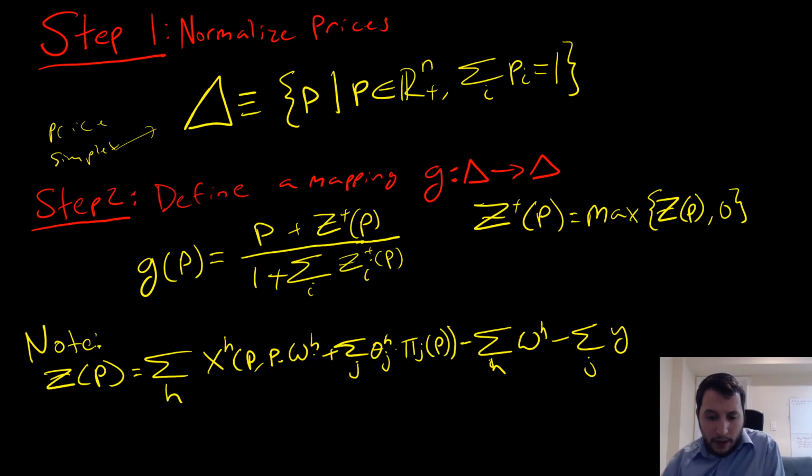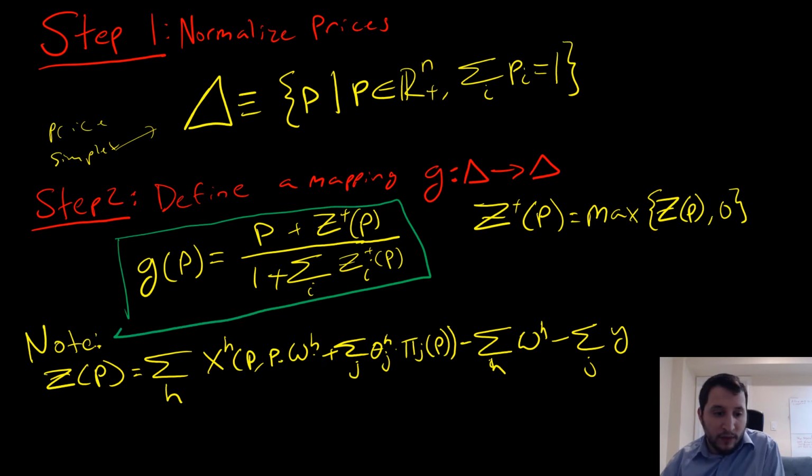The main trick here is that we're picking a mapping. We're able to do this because we want to know, is there a mapping that exists over this space here, where this Z plus is this special type of excess demand function that only spits out a positive number, where excess demand is positive.